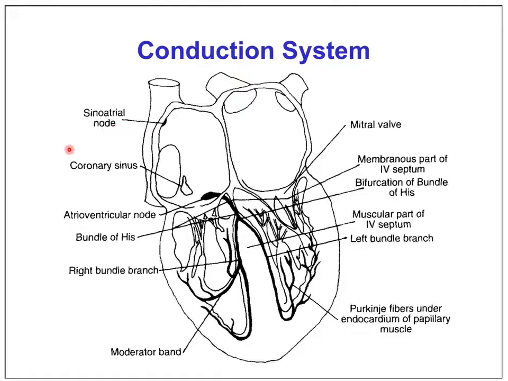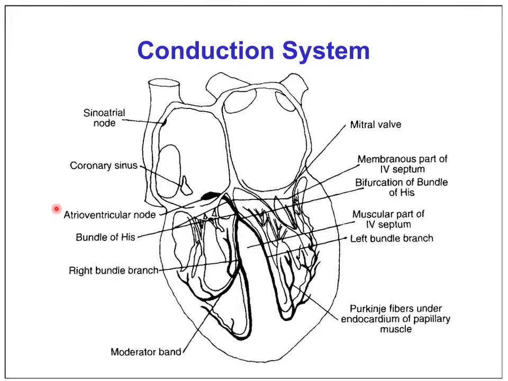The conduction system of the heart is a set of cells called Purkinje cells, and they're myocytes. They're not nerve cells. They're actually heart cells or heart muscle cells, but they're a special type of heart muscle cell that conducts the electrical or excitatory signal sent through the tissue to trigger the contraction.